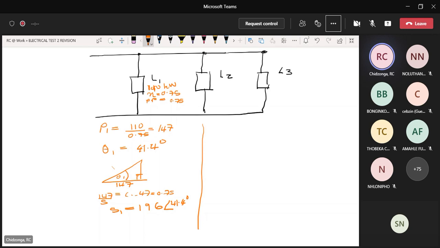S2 is 80 kilowatts mechanical power output. So the second one, P2, is 80K at 80% efficiency and 0.8 power factor leading.